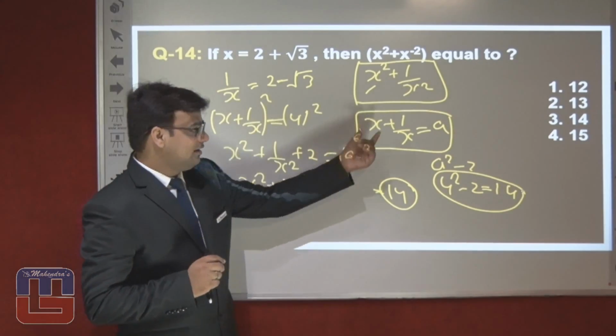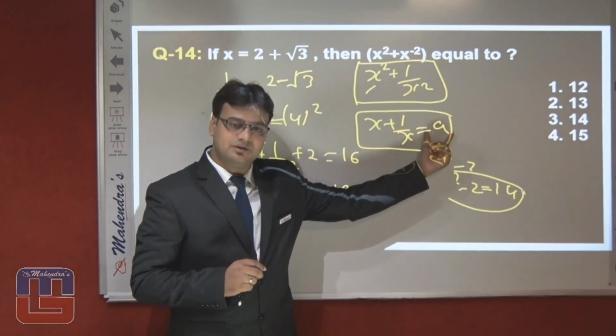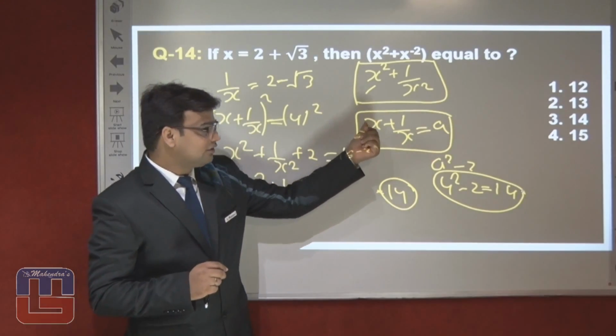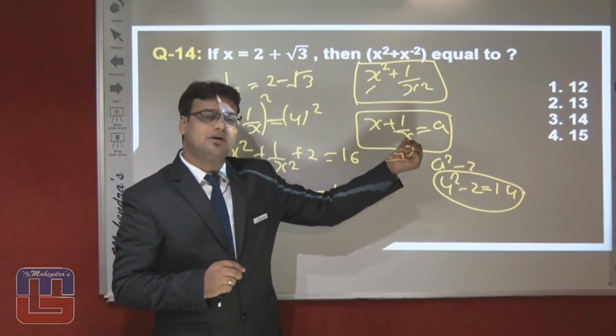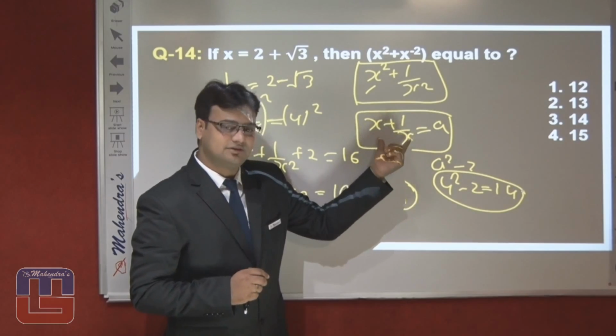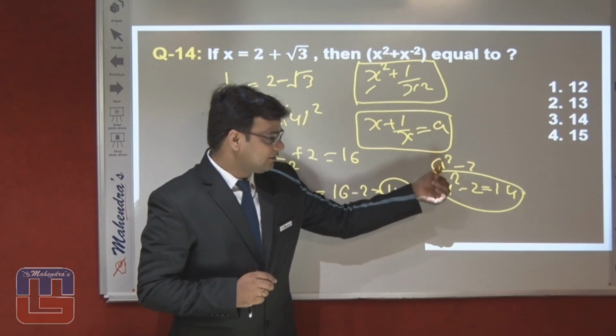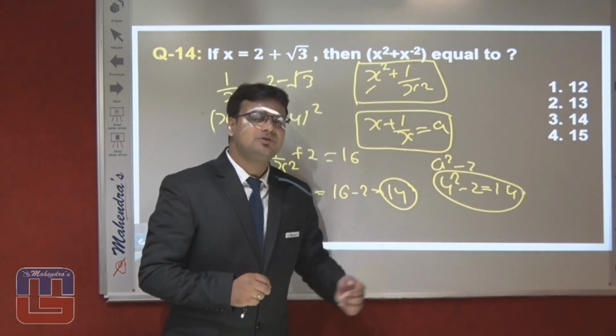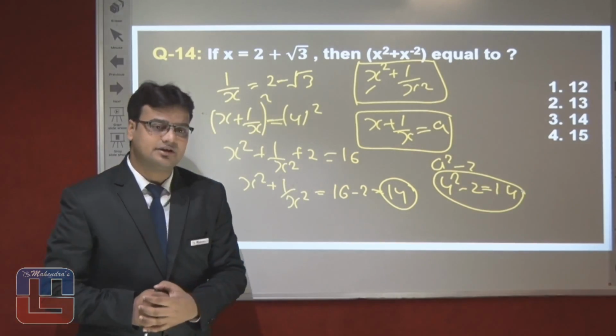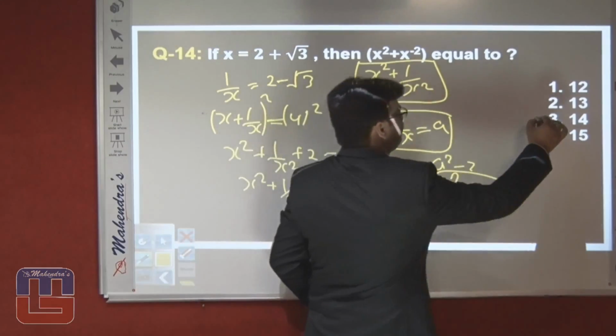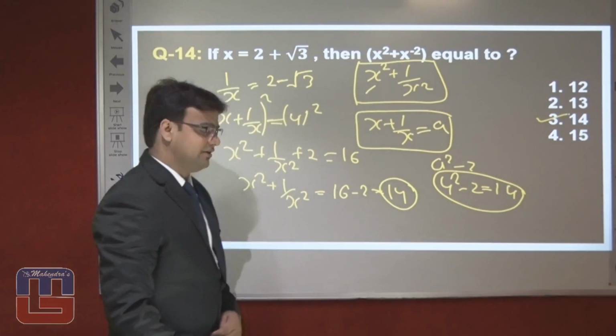We use it directly if x plus 1 by x is given, provided the coefficients of x and 1 by x are both the same. Then we apply a square minus 2, that means 4 square minus 2, 14. In which option is it correct? It's clear, it's the third option. So our correct answer is 3.